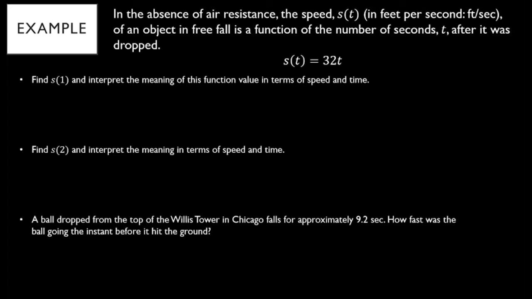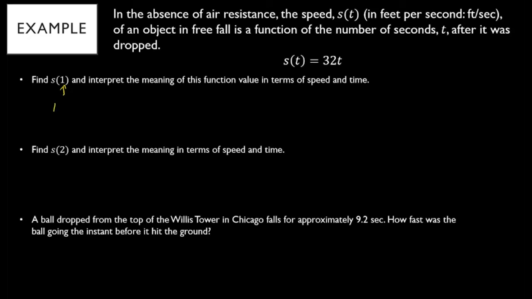So we've got 3 parts here. Find s of 1 and interpret the meaning of this function value in terms of speed and time. The nice thing about function notation is that what's in parentheses is telling you what to plug into the equation. The equation has t in parentheses, that's our input. So when you see s of 1, that means replace t with 1.